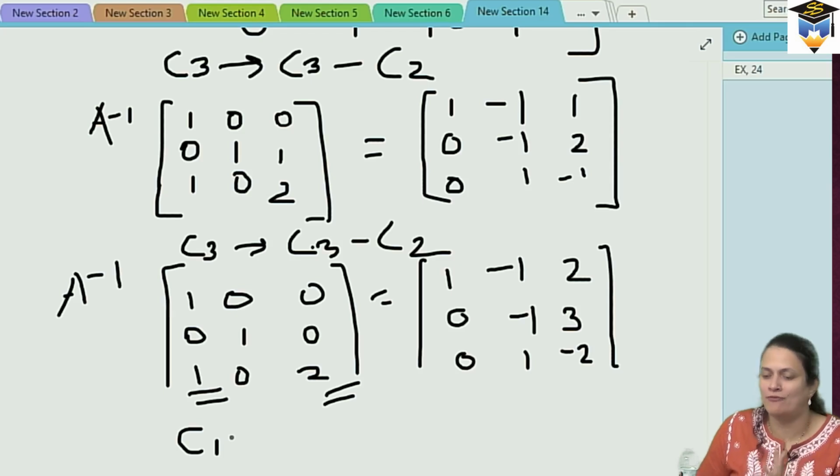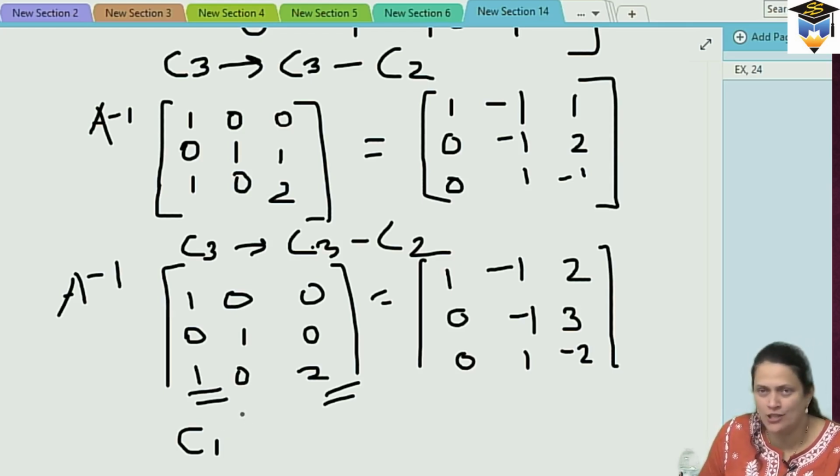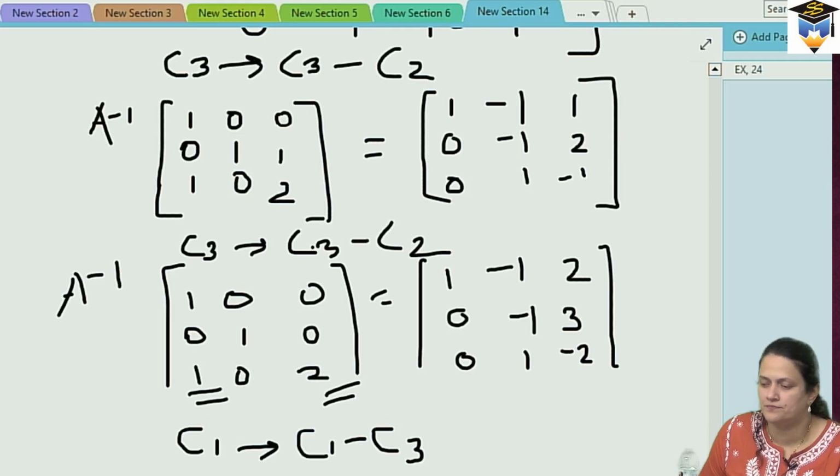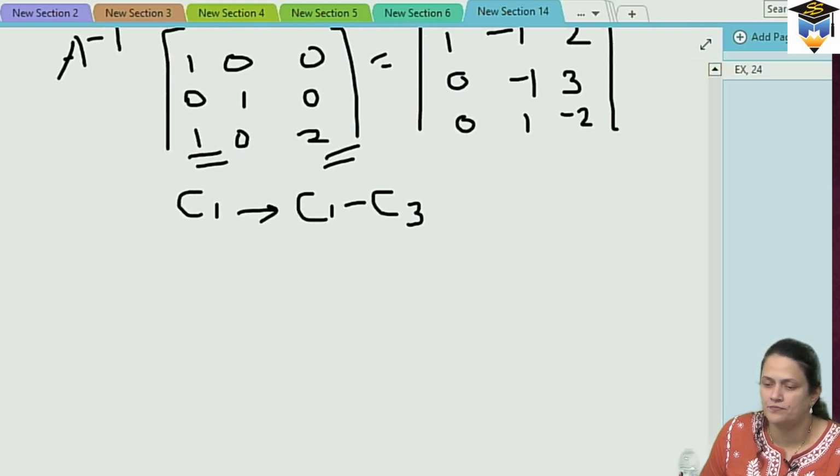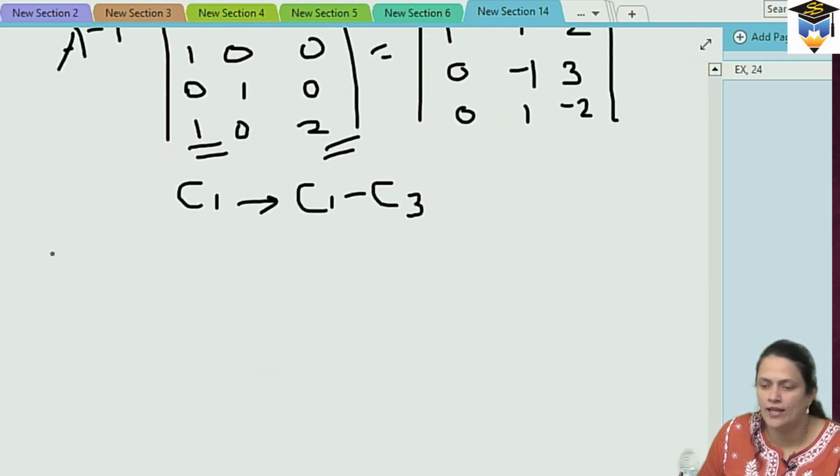Or one more step we can do. We will do C1, we will change such that it is C1 minus C3. So A inverse. Now C2 and C3 are going to remain as they are.